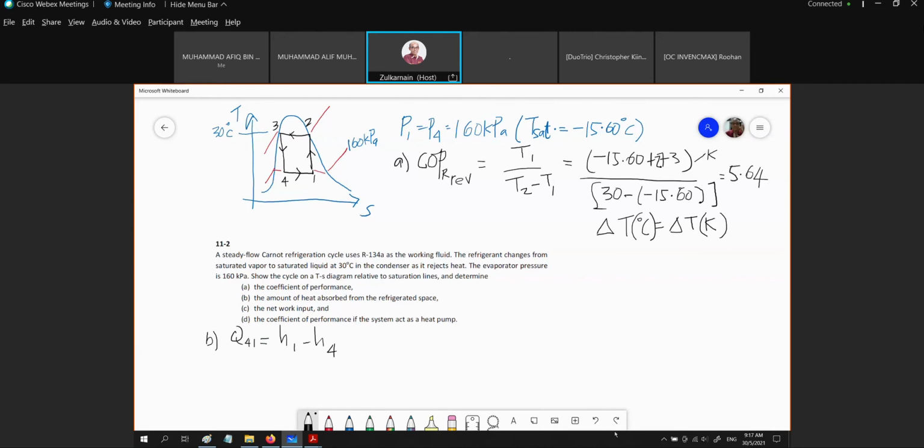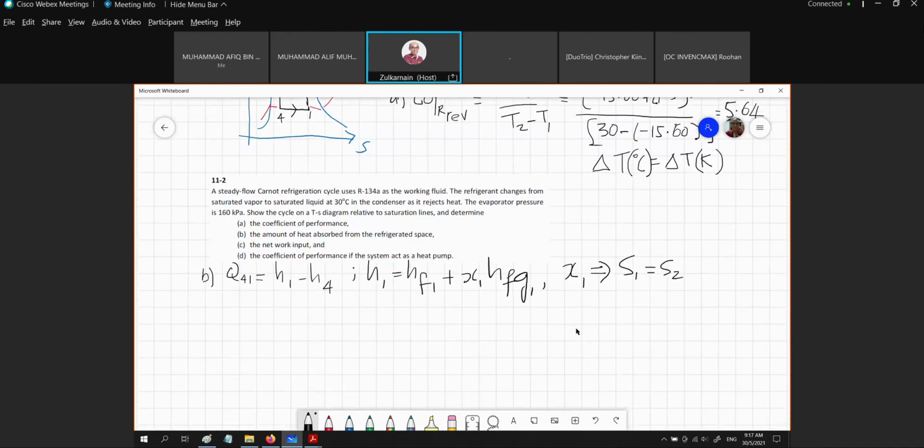If we use this formula, then we need to get H1 equal to HF1 plus X1 HFG1. Then we need to get the X. The X1 we could get from S1 equal to S2. Same goes for H4.